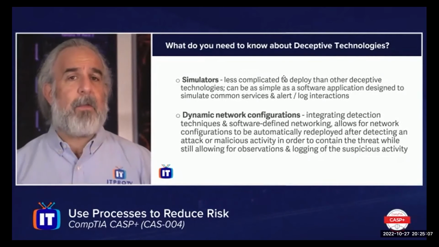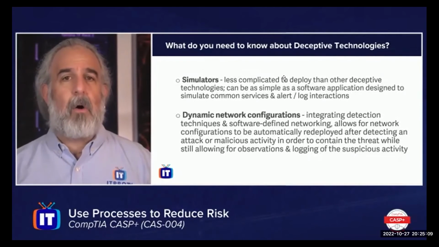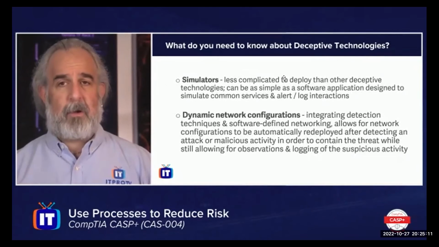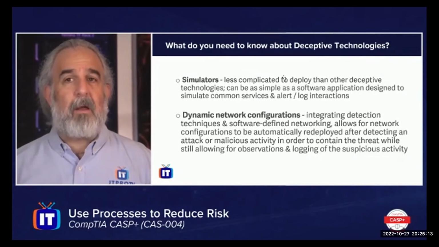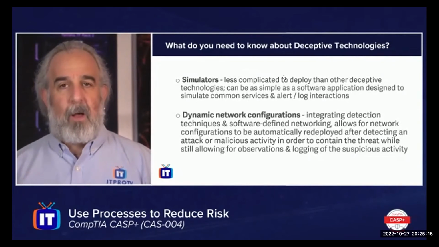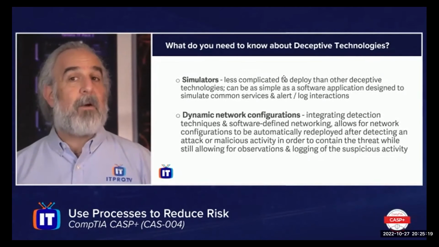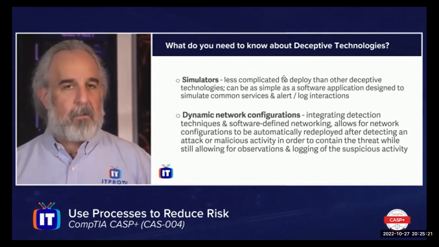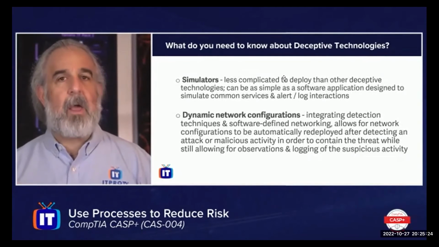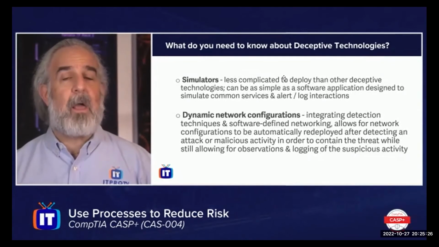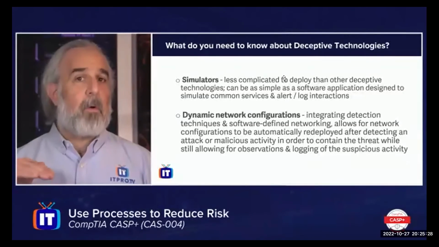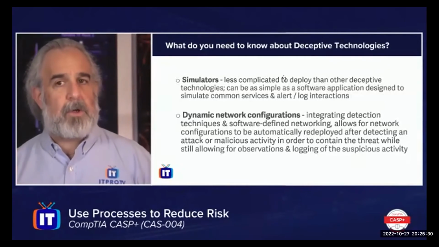But we also want to think about the use of network configurations. How can dynamic network configurations, the ability to integrate detection as well as software-defined capabilities, allow us to better understand what's happening on our networks, paired with continuous monitoring and, of course, baselining and hardening. It allows us to say, under normal conditions, this is what our network should look like.